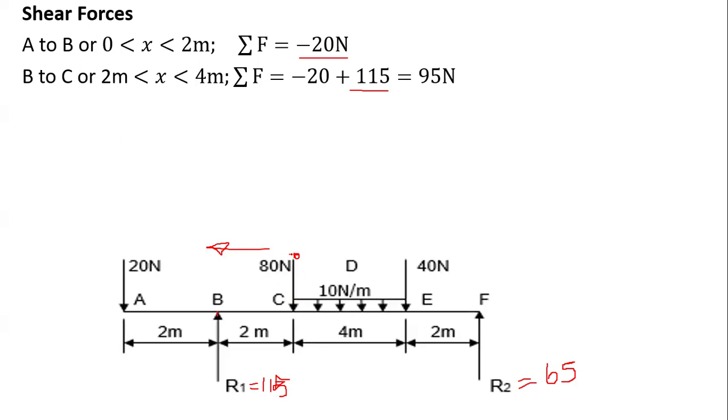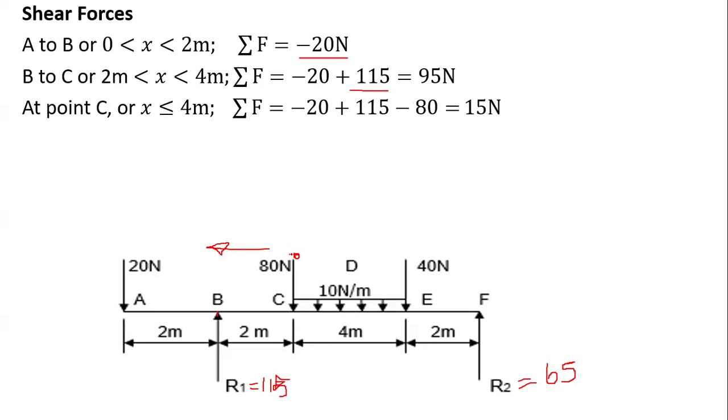So how am I going to represent this? I'll write it in this way. I will say at point C, or if you were using the variable x, it becomes smarter because you say x is less than or equal to, meaning just slightly after this point C.